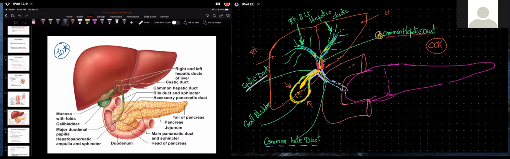Those are the three regions forming the pancreas. Another name for the common bile duct: some textbooks will call it just bile duct rather than common bile duct.